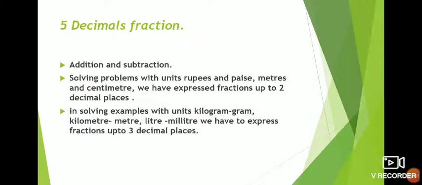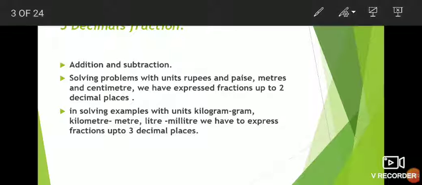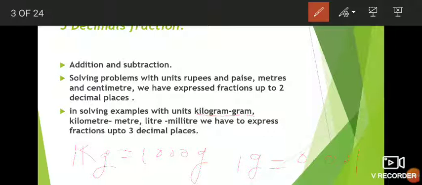Okay, so see here, and next one is solving with the units, kilogram, gram. Kilogram, gram means 1 kg is equal to 1000 gram. Okay, so that's why 1 gram is equal to 0.001 kg. Why? Because here we have to express this up to 3 decimal places, students.